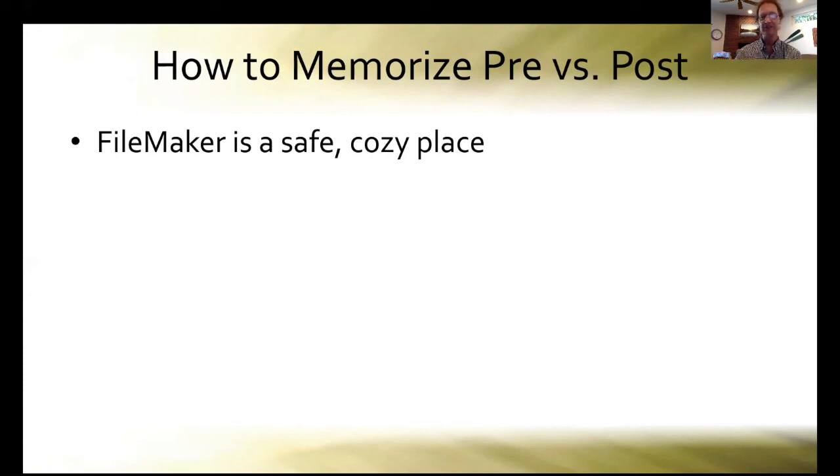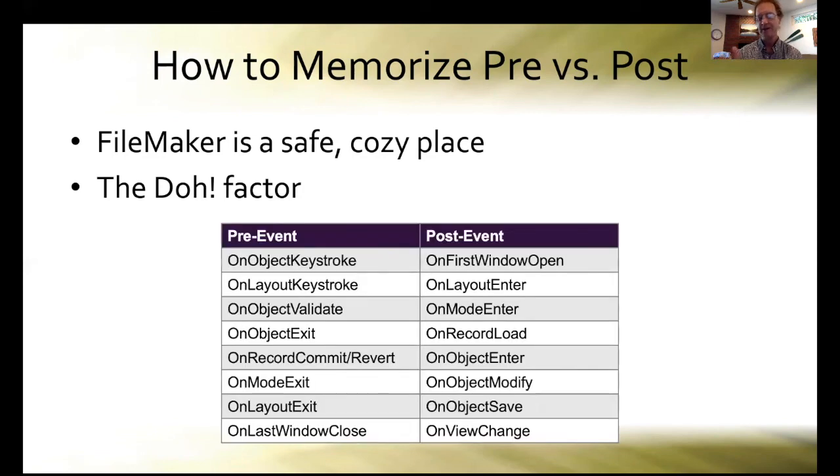But leaving such a warm, safe, cozy place like a field, a layout, a record, leaving is something that you might go, oh, I didn't mean to do that. That's something that you can prevent from happening. That's something that you can undo the event of. So again, in general, entering into things in FileMaker is not a pre-event script trigger because you wouldn't regret it, but leaving something you would. Here's a short list of some examples in that case.